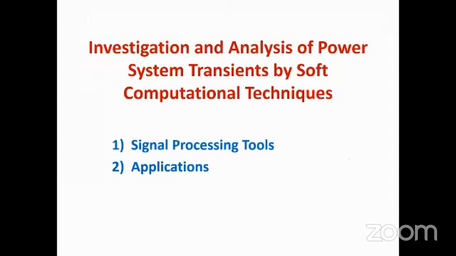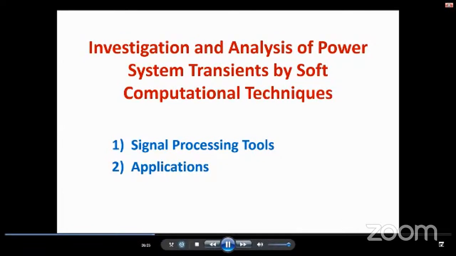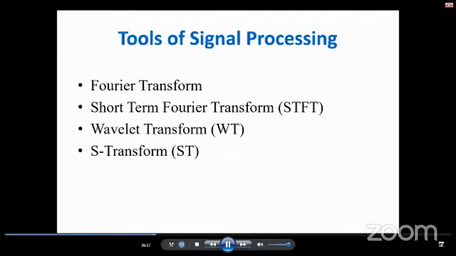So before I go into the details of the analysis, let me give a brief introduction of the different kinds of soft computational techniques that are applicable for investigation and analysis of power system transients, that is, signal processing tools and applications. The tools of signal processing mainly available are Fourier transform, short-term Fourier transform, wavelet transform, S transform.